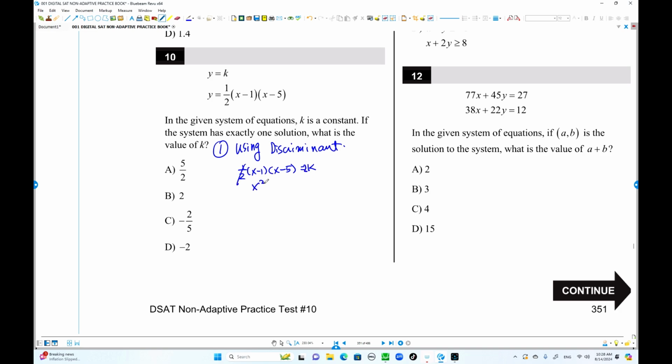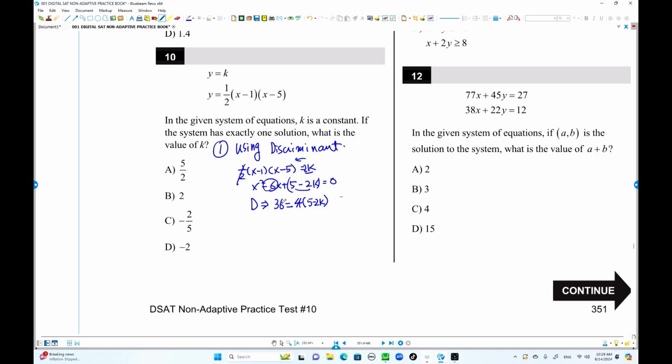So we got x squared minus 6x plus 5, and this is moved to the left, minus 2k equals 0, isn't it? That is a constant. You can use the discriminant. The discriminant must be 0, right, to have only one solution. b squared, negative 6 squared, 36, minus 4 times a, which is 1, times c, which is 5 minus 2k. That must be equal to 0, right?